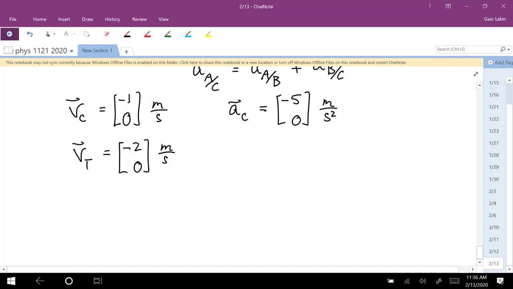And so now we want to calculate the acceleration of the top. And the velocity and acceleration of the bottom.